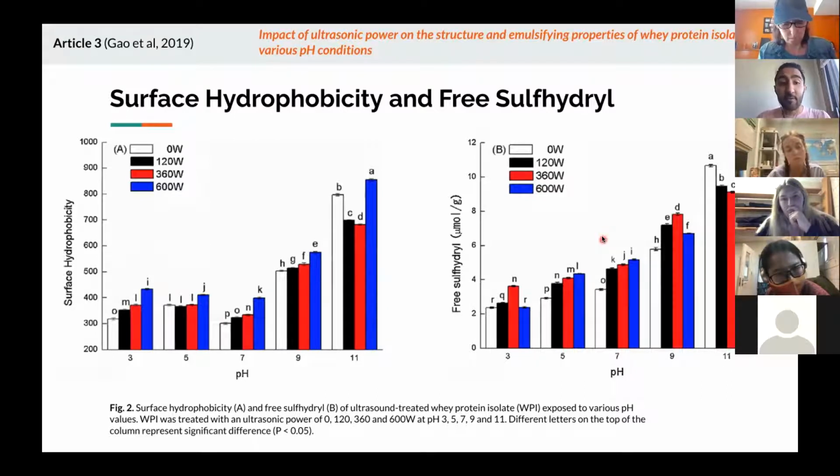The sulfhydryl group of whey protein was exposed at pH 11 due to strong alkaline conditions that completely broke the disulfide bonds of whey protein isolate, resulting in severely damaged protein structures. Next.